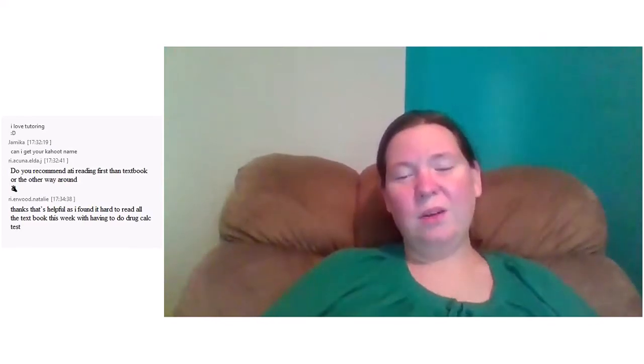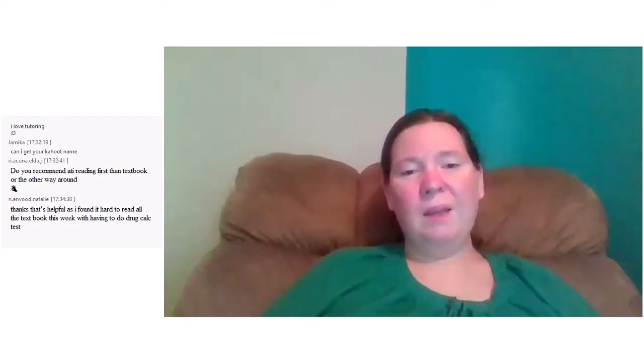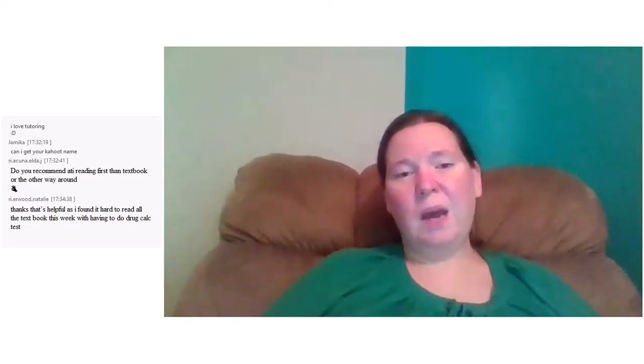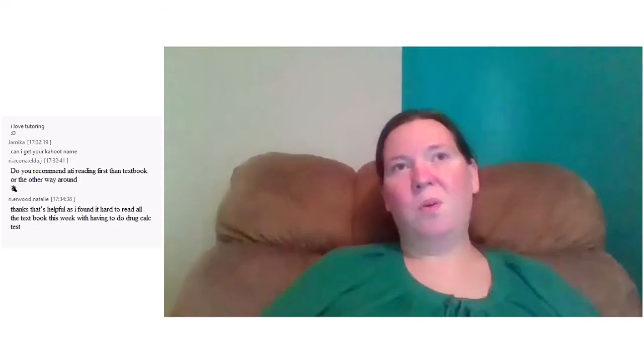Good, good. That helps you kind of narrow it down, and use the PowerPoints too, because if it's not in the PowerPoint, it's probably not something we're going to focus on. I'll give you an example in the PN book. I know y'all don't have the PN book, but those of you that had me, because there are several of you in this class that took my PN class, that book, I don't know what was up with that book.